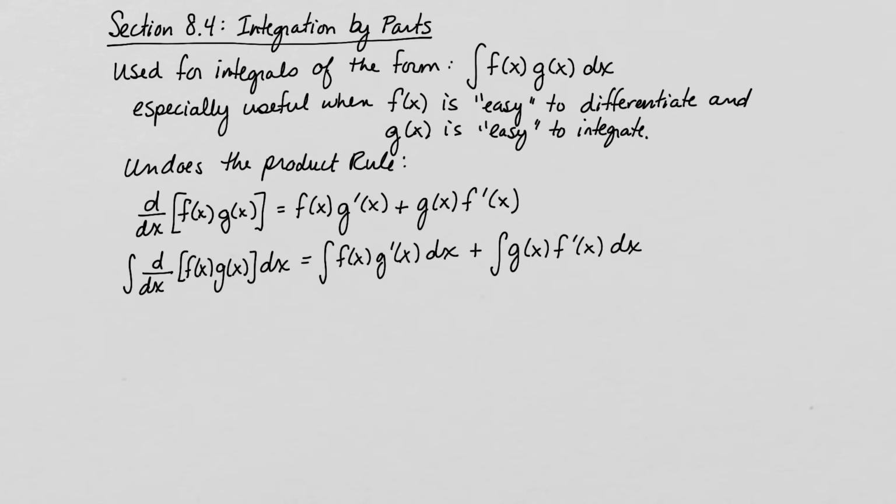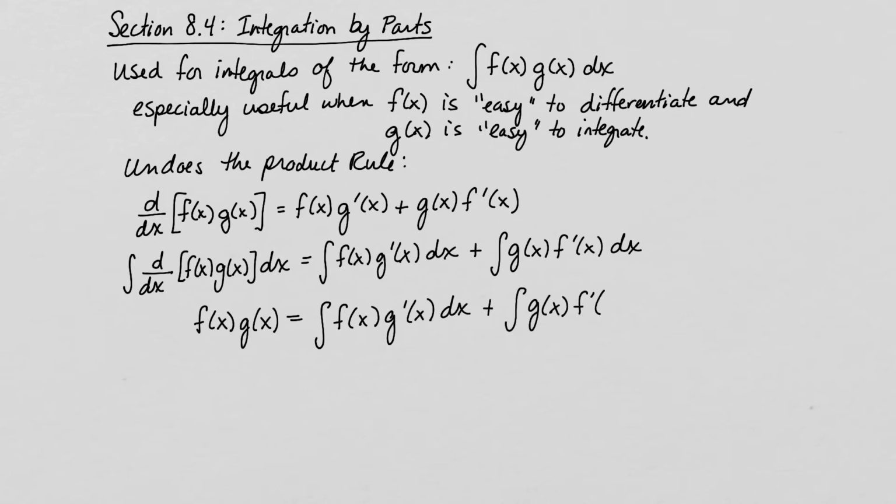So all that's happening here on the left-hand side is this integral followed by the derivative just undoes everything and leaves us back with what we started with, which is f of x times g of x. So f of x times g of x is actually equal to the integral of f of x g prime of x dx plus the integral of g of x f prime of x dx.